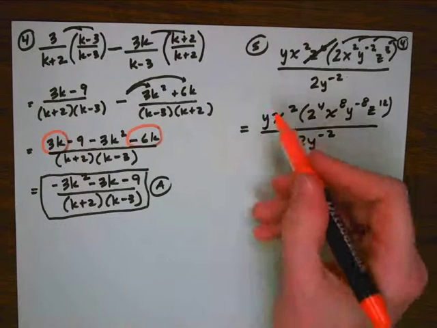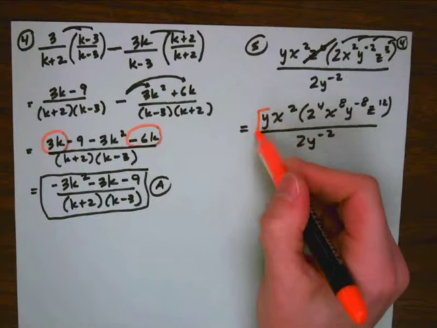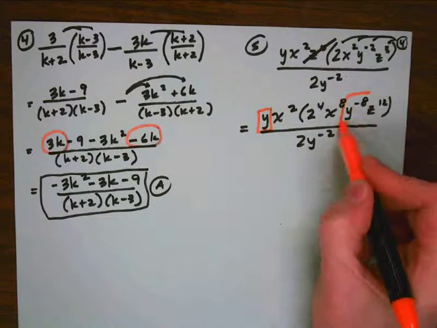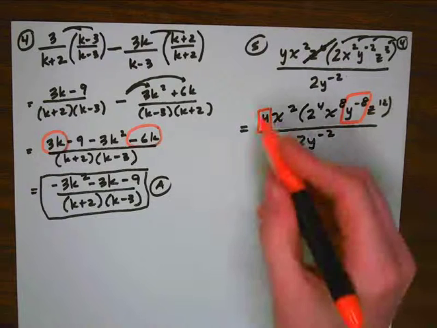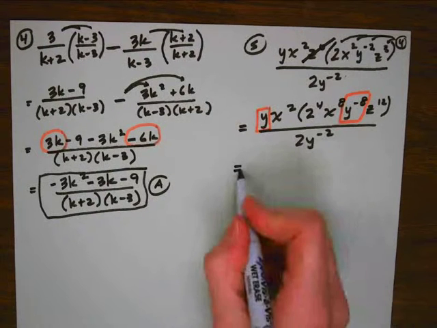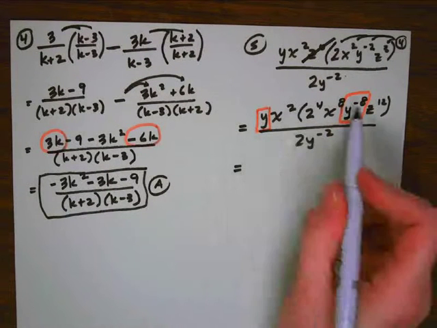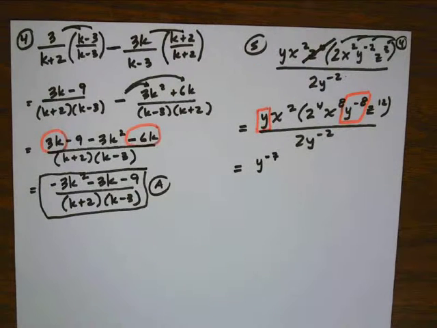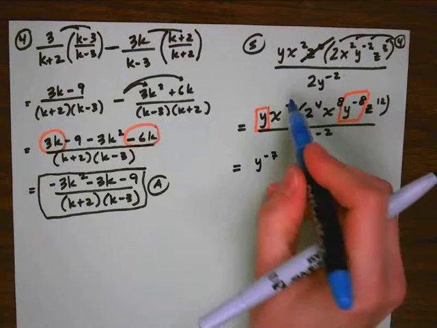So if we start with the y's, and for no reason other than y comes first in the list of letters here, we can combine y to the invisible first power and y to the negative 8th. Remember, when you're going within the same line, you are adding the exponents, so 1 minus 8 is negative 7. Next we can do the x's, so let's do that.